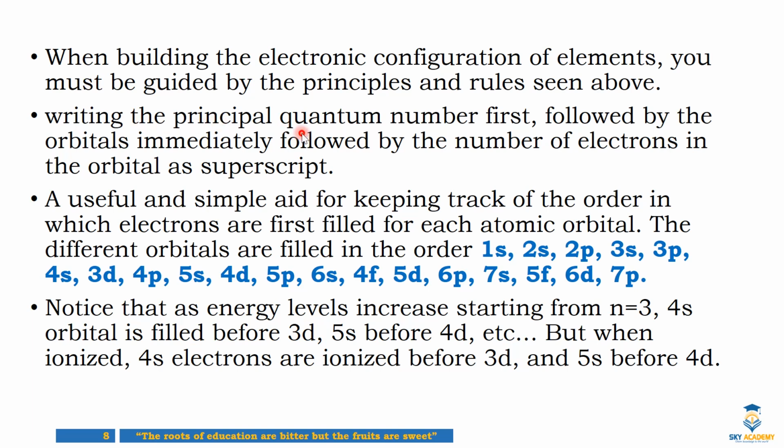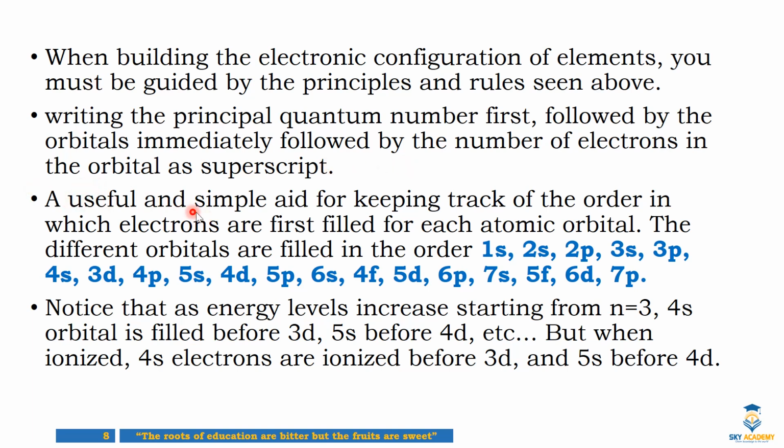You write the principal quantum number first, followed by the orbital, immediately followed by the number of electrons in the orbital as a superscript.